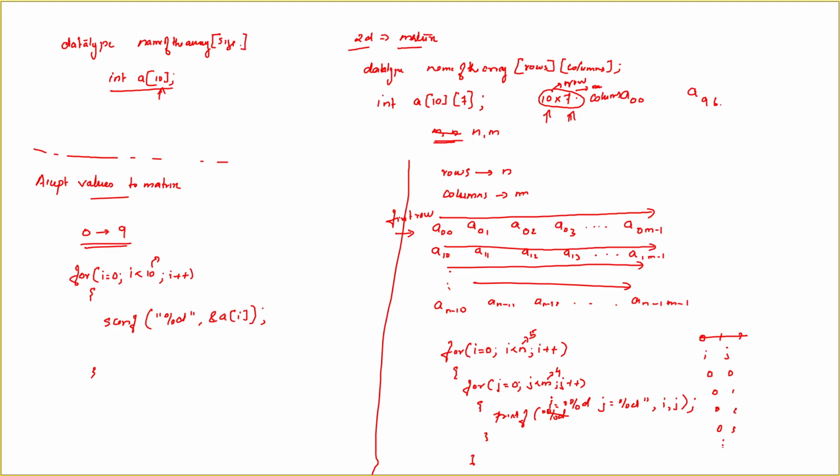Then the next values for i will be 1 0, 1 1, 1 2, 1 3. Then 2 0, 2 1, 2 2, 2 3. The next values will be 3 0, 3 1, 3 2, 3 3. And the next values will be 4 0, 4 1, 4 2, 4 3. And no more values will be displayed.